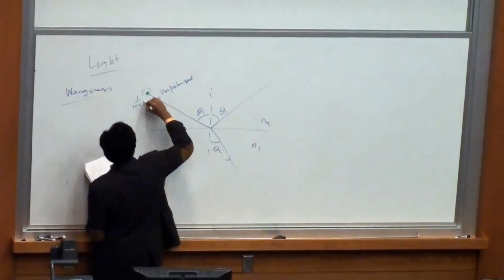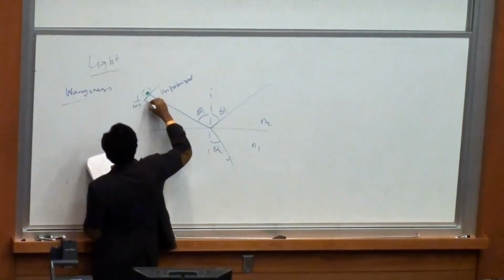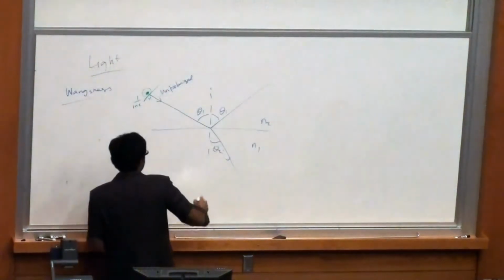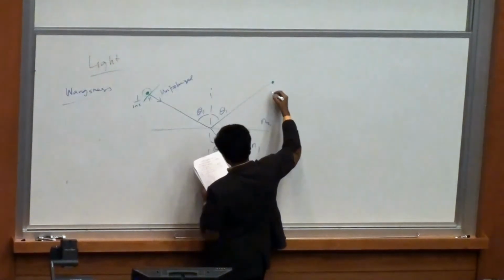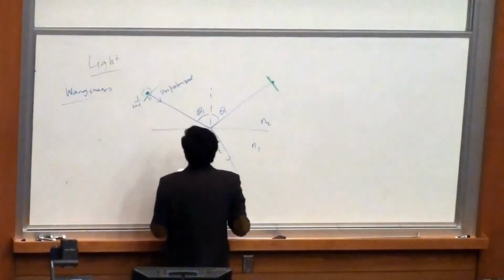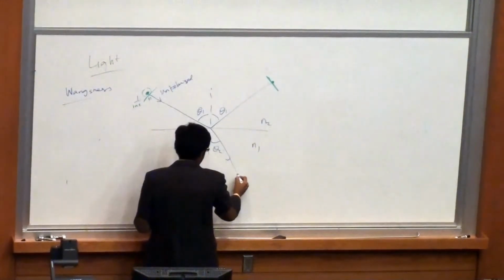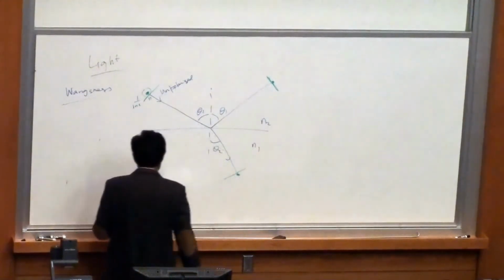Then I also have an E field that's along in this plane, and we'll call that incident parallel. Same thing over here: I would have some E field coming out, some of it in this direction, and something along this direction.